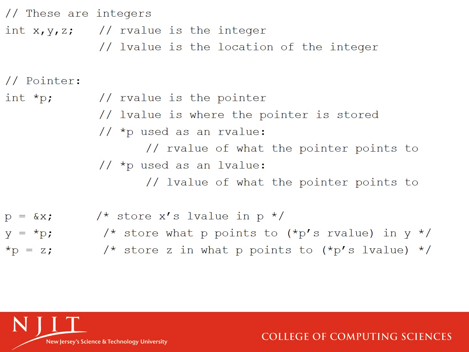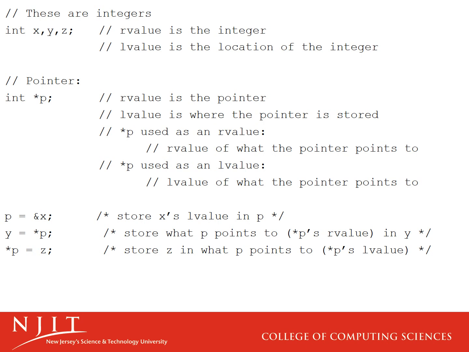If I have star P and I'm using it as an R value, that means I care about what's stored at that pointer's location. So if you see at the bottom there where I said P equals address of X, Y equals star P, star P equals Z, P equals address of X makes P point at X. So P's R value is X's L value.